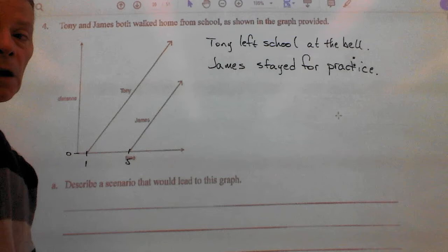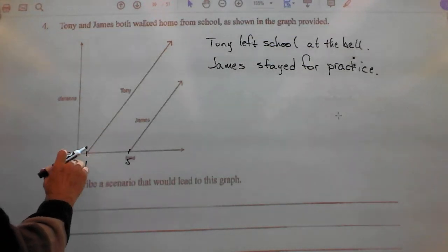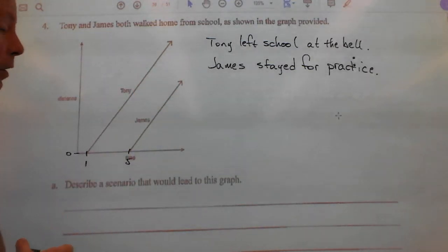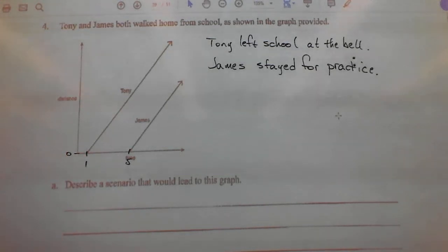Both of them eventually got home. Both of them started at the same distance of 0, and both of them, as I said, eventually got home. It's just that James left later than Tony. Okay?